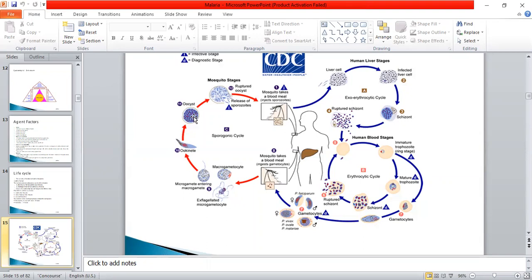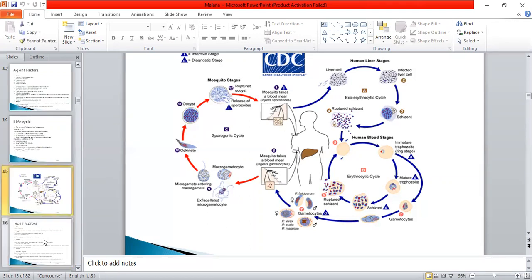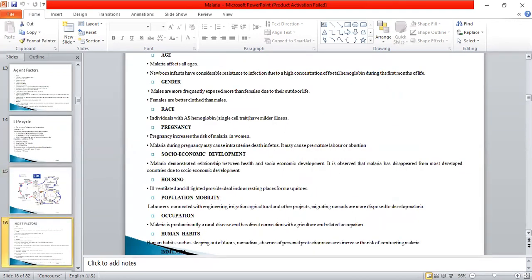The oocyst goes through further development and stages, and then the ruptured oocyst releases sporozoites in the mosquito, and many gain entry into the mosquito salivary gland. When this infected mosquito bites humans, it injects the sporozoites and the cycle repeats.